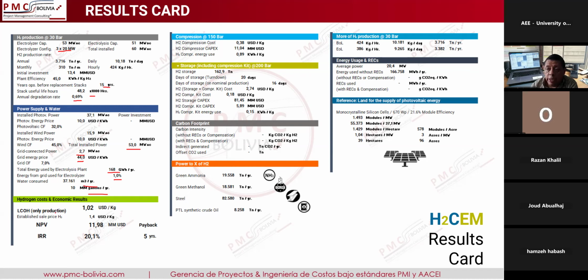So we can see the hydrogen cost and economic results. You can see NPV, for example, IRR and payback.